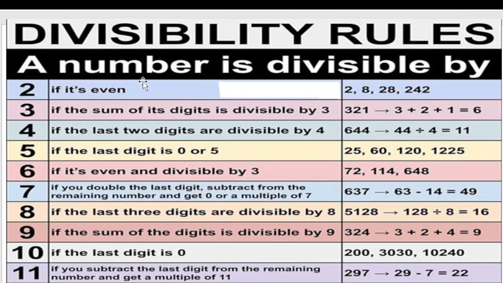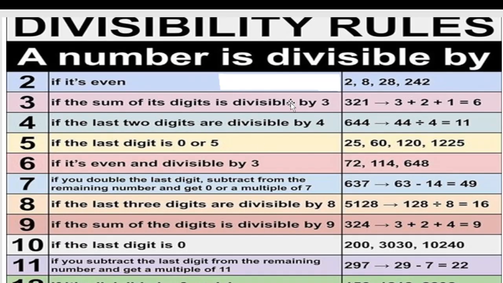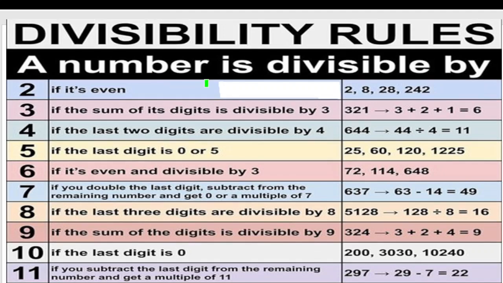Now let's learn divisibility rules. A number is divisible by 2 if it is even. For example, 2, 6, 4, 8, 28 and 242. A number is divisible by 3 if the sum of its digits is divisible by 3, like 321.